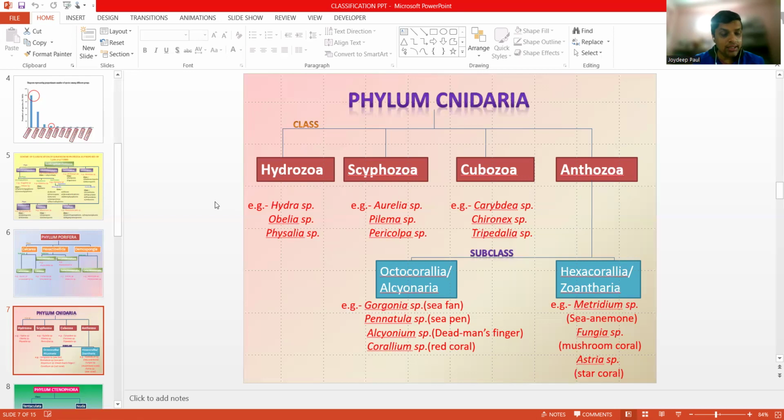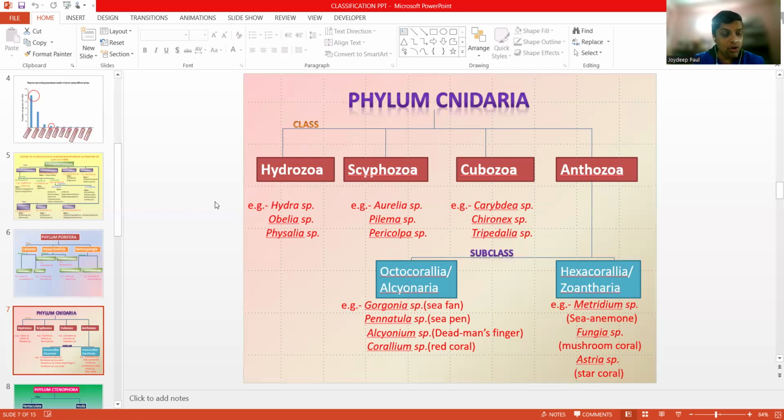The Cnidarians are characterized by the presence of cnidocytes, polyp, and medusa form. The word Cnidaria comes from the Greek word coelo meaning hollow and enteron meaning gut. So they have a hollow body gut cavity, a kind of gut-like cavity.